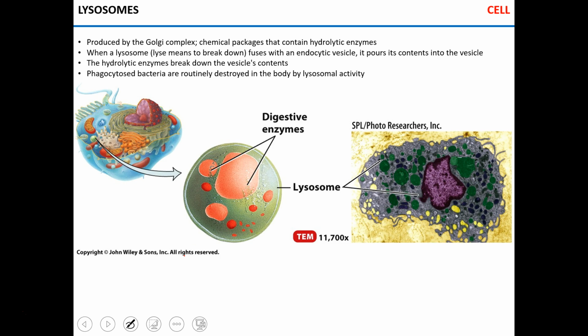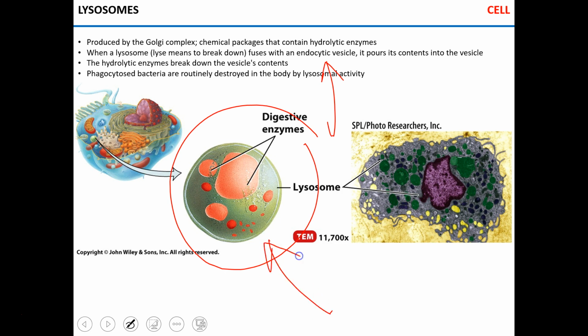Lysosomes, as I mentioned, contain digestive enzymes, okay? Various hydrolytic enzymes, acid. So a lysosome fuses with an endosome, breaks down the content of the endosome, transporting different stuff into the cell. So basically, when your cells break down the content of endosomes, for instance, bacteria, they destroy bacteria by fusing endosomes with a lysosome.